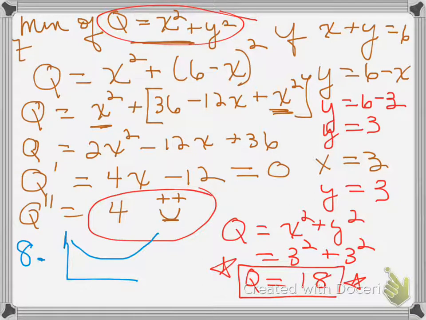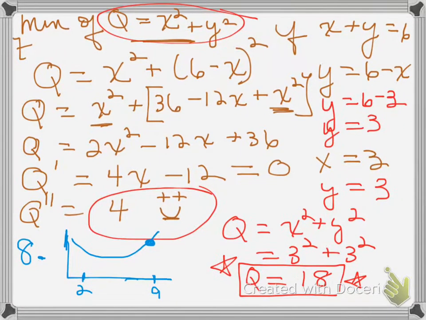If I had endpoints, and I said we're going to maximize this function over these endpoints, and I'm just going to pick random numbers, 2 to 9, then if you check your endpoints, we don't have a maximum that is a vertex, but we could get a maximum value, and that maximum value will occur at the endpoint of 9 in this situation.